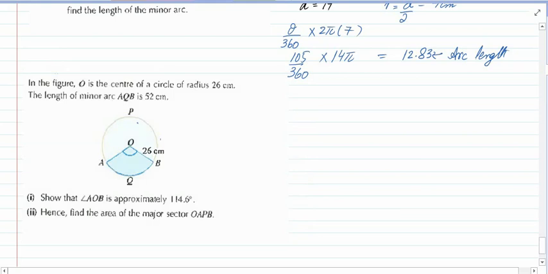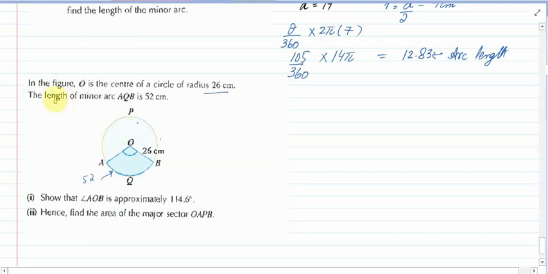So in this example it says O is the center of a circle of radius 26. The length of the minor arc AQB is 52. Show that angle AOB, this blue angle, is 114. So like I have said to you earlier, whatever the condition is given, you need to use that one.